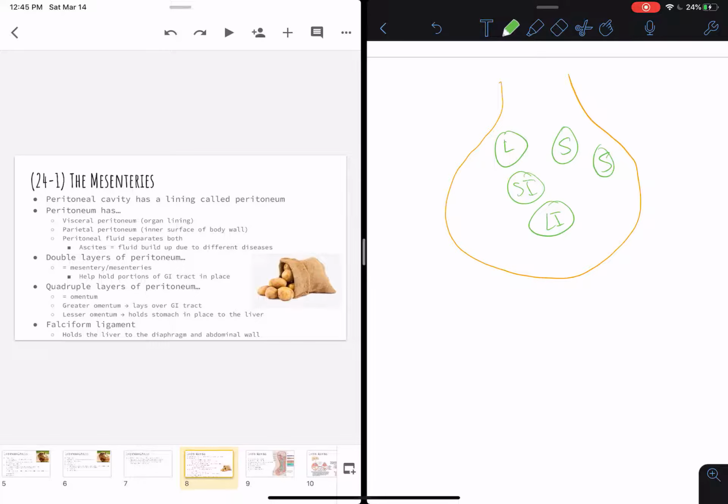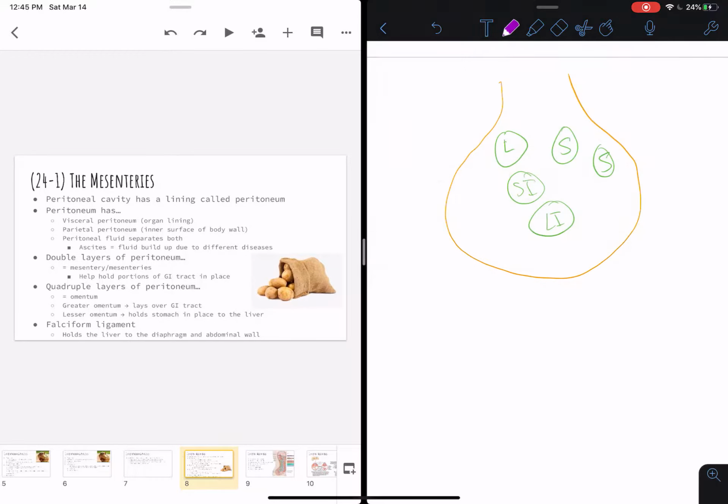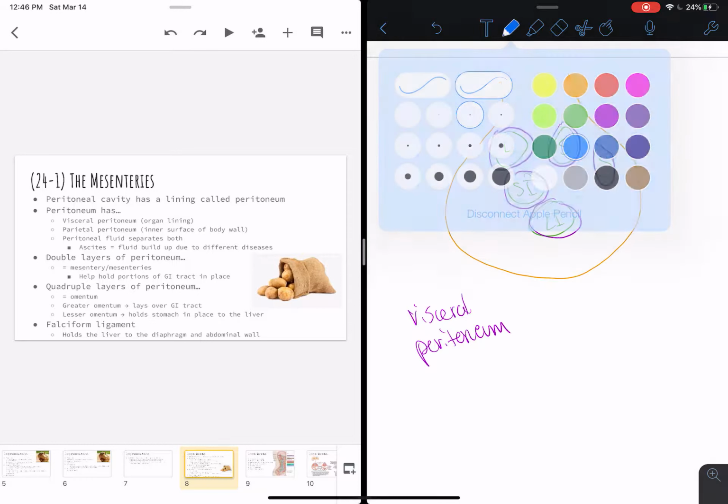And just like what we've learned with the lungs and the heart, each one is going to have its own visceral lining. So we're going to call that visceral peritoneum. And then each one is going to have its parietal peritoneum.